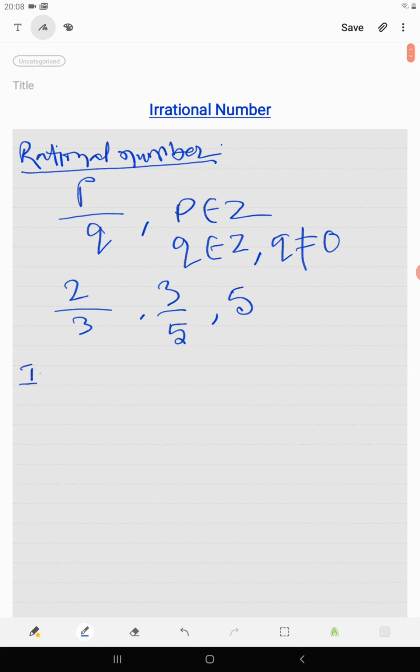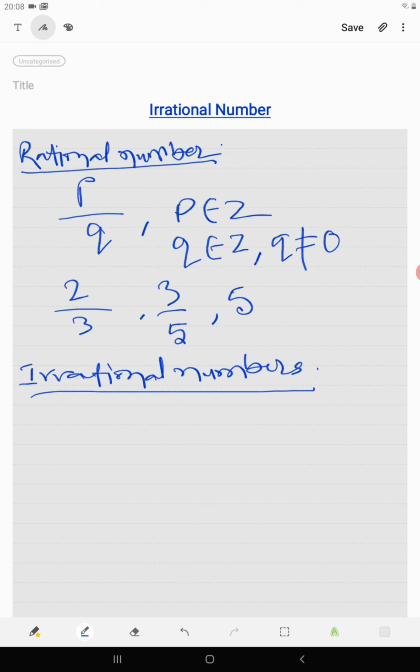What is an irrational number? Irrational numbers are numbers which cannot be represented as a ratio P by Q. As simple as that.